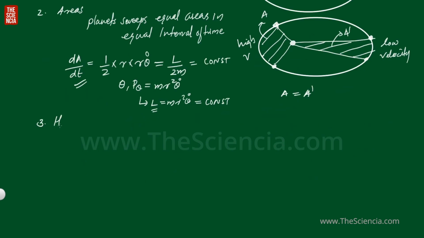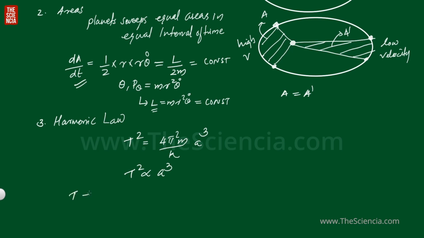Third one, harmonic law. That is, square of time period is equal to 4 pi square m by k into a cube. So I can say T square is proportional to a cube.